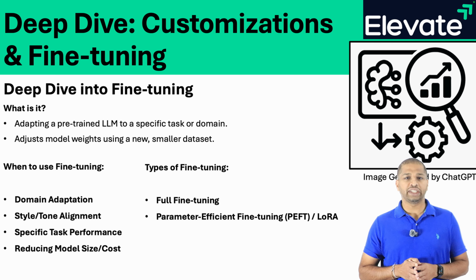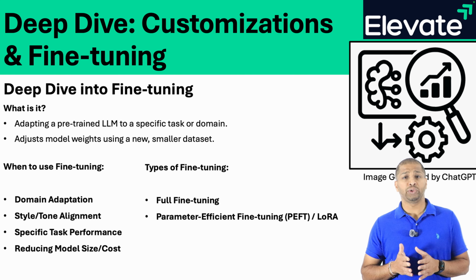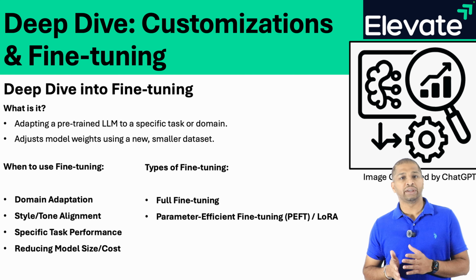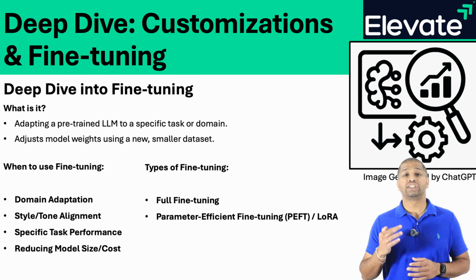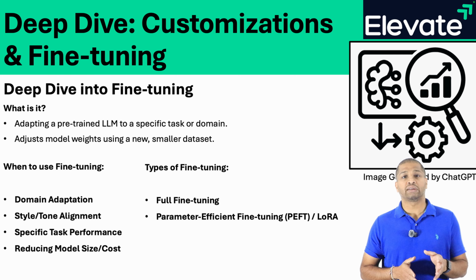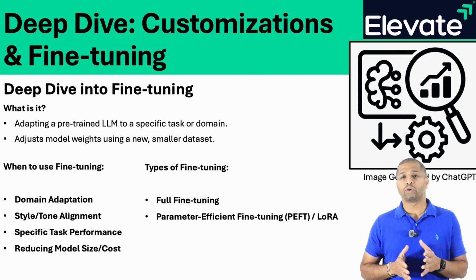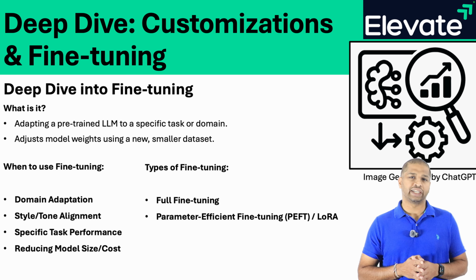At its core, fine-tuning is about adapting a powerful pre-trained LLM to a specific task or domain by continuing its training process on a new, much smaller and highly relevant dataset. This process subtly adjusts the model's internal weights, making it more proficient in our specific context.